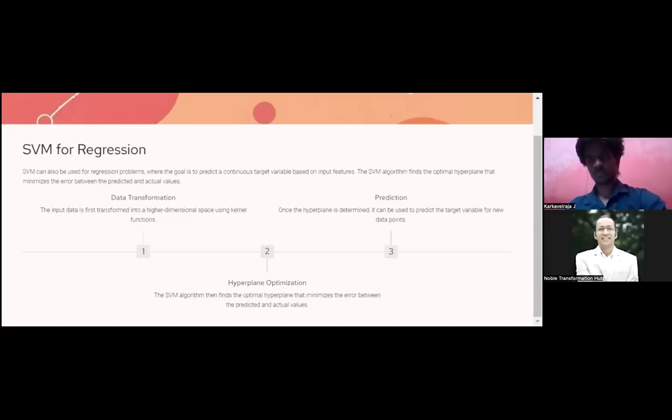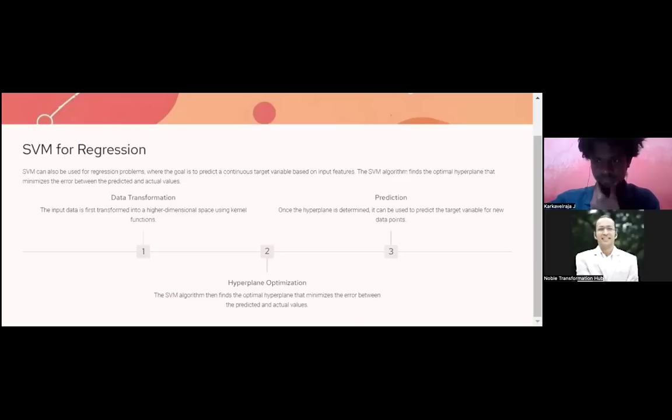If you don't, write in the comment section what a kernel is, because you need to know each and every definition of the words in the context of AI, ML, and data science, so that you understand properly what we are talking about. Again, the input data is first transformed into the higher dimension space using kernel functions. That is the data transformation nature in regression SVM.